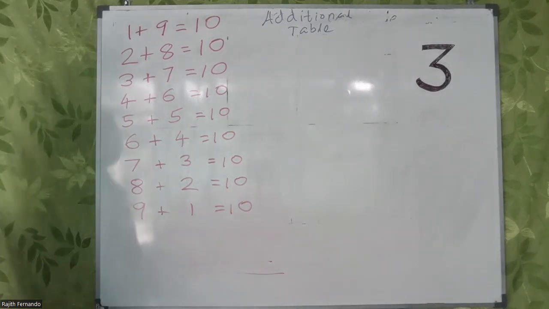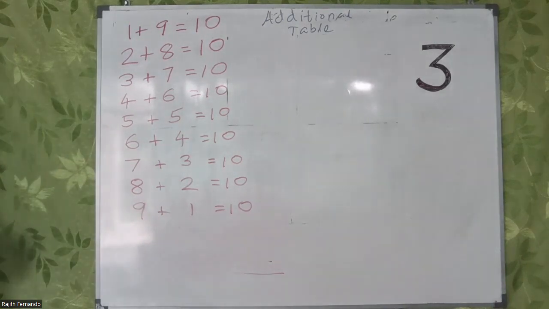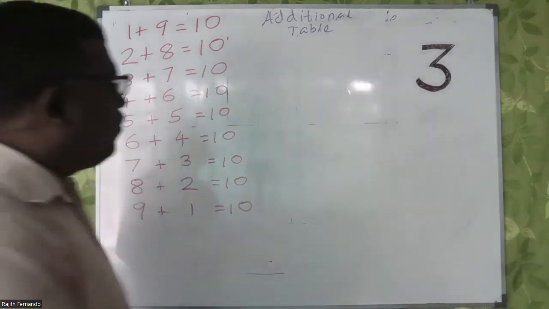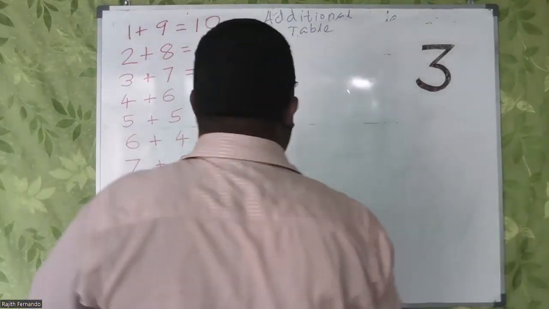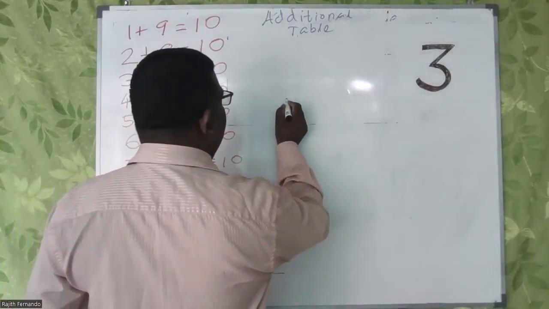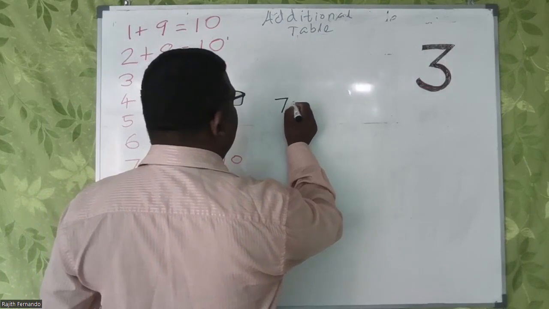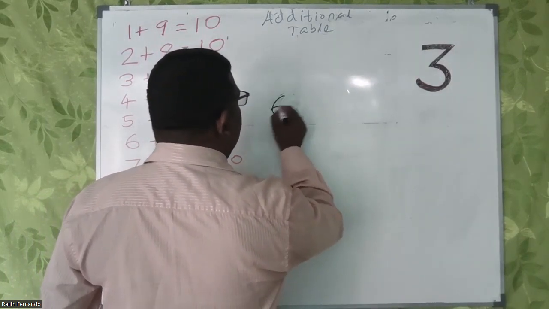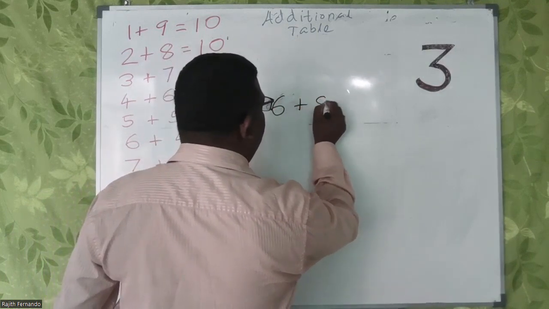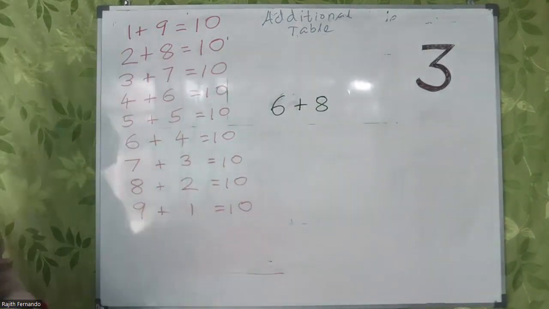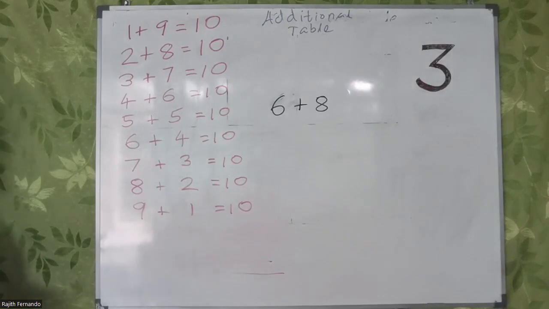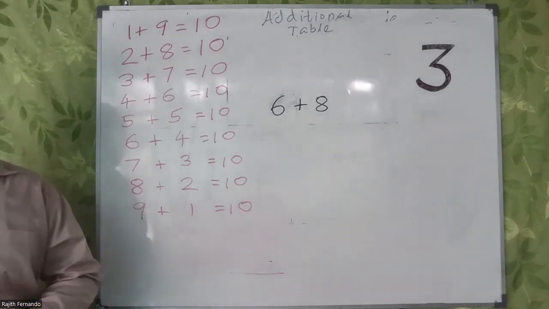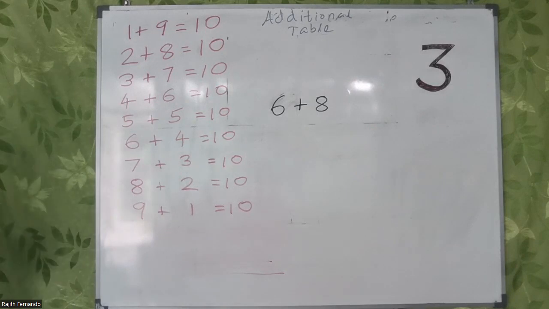Okay, I will teach you how to use this memory to add two numbers very easily and quickly. I'll ask you to add 6 to 8, and I will teach you another trick.